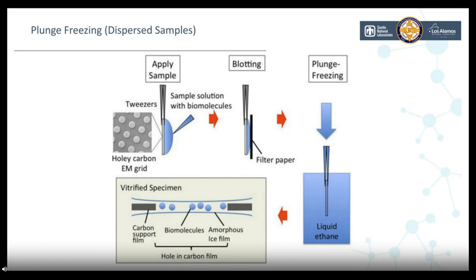Just looking at this cross-section, you see that you do have some variation in depth in your structure, which you don't necessarily have with dry TEM. That can give you some uncertainty in orientation, but also focus. So this is great for a small particle well-dispersed in solution.